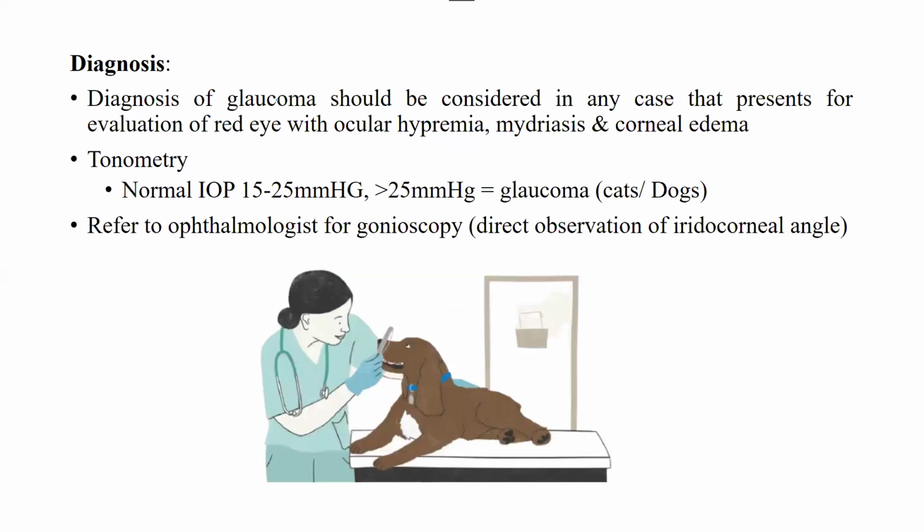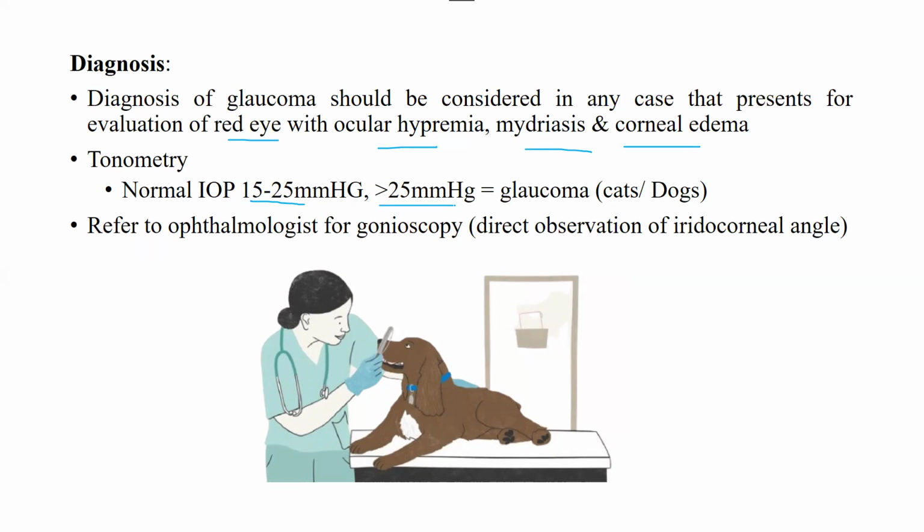Talking about the diagnosis of glaucoma, it is considered in any case that presents for evaluation of red eye with ocular hyperemia, mydriasis, or corneal edema. If these signs are there in the question, you should start to think about glaucoma. But the diagnostic test is tonometry. Normal IOP is 15 to 25.